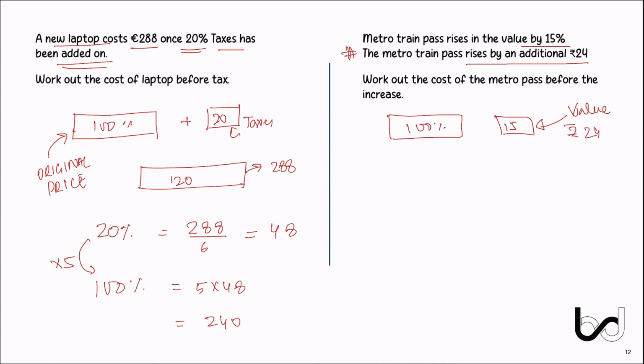So what you know is 15% equals 24. I can calculate 5%, which is divided by 3, that is 8. Now to calculate 100%, I multiply it by 20, which is 8 times 20, which is 160 rupees.